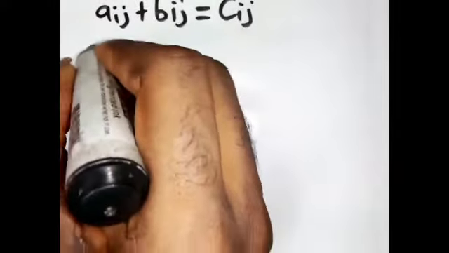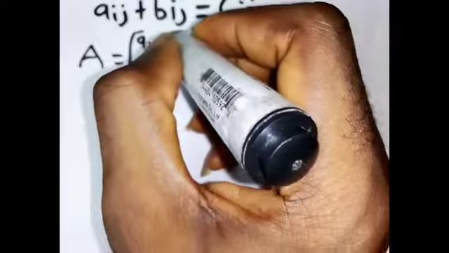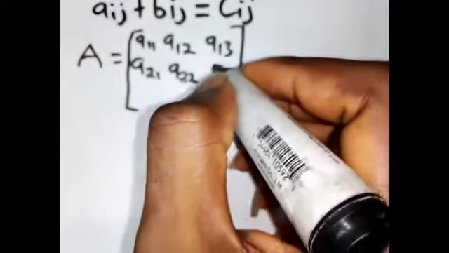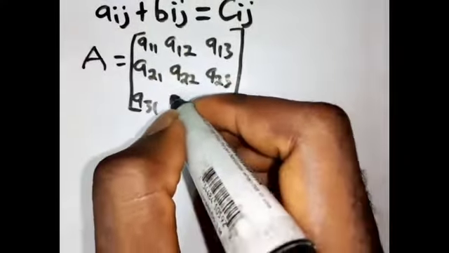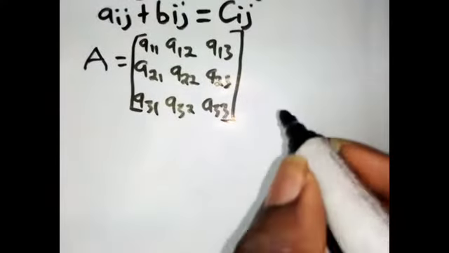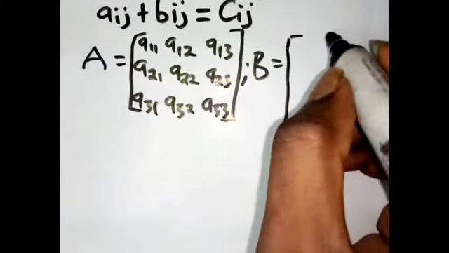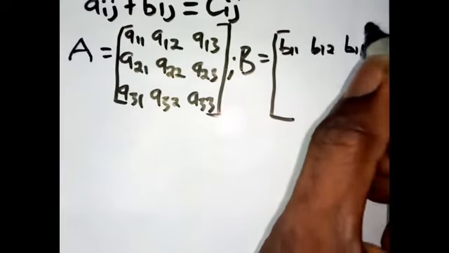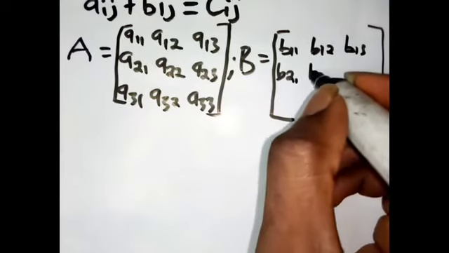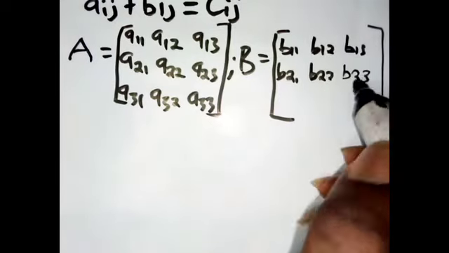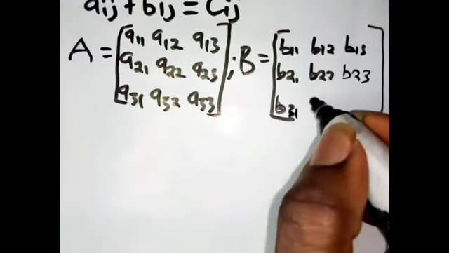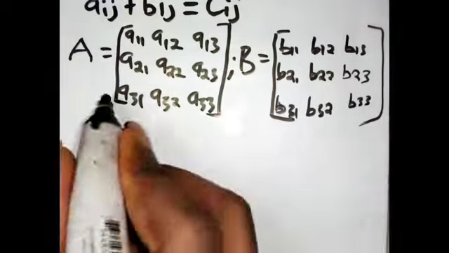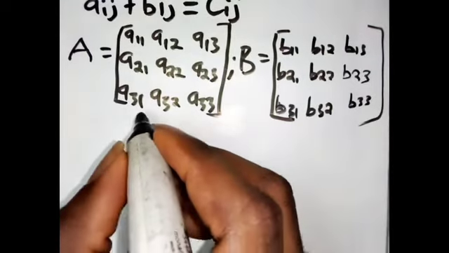That is to say, given that matrix A is A11, A12, A13, A21, A22, A23, A31, A32, and A33, and then we have matrix B equal to B11, B12, B13, B21, B22, B23, B31, B32, and B33.